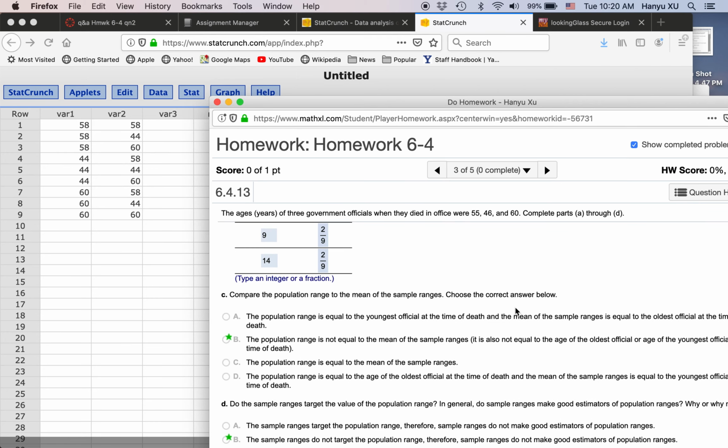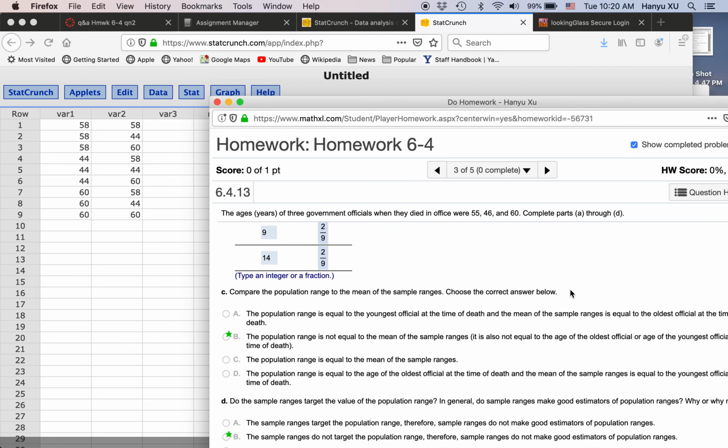The third part, you need to compare the population range to the mean of the sample ranges. For this part, the easy way is, because you know the sample range is a biased estimator, you know that the population range should not equal the mean of the sample ranges.